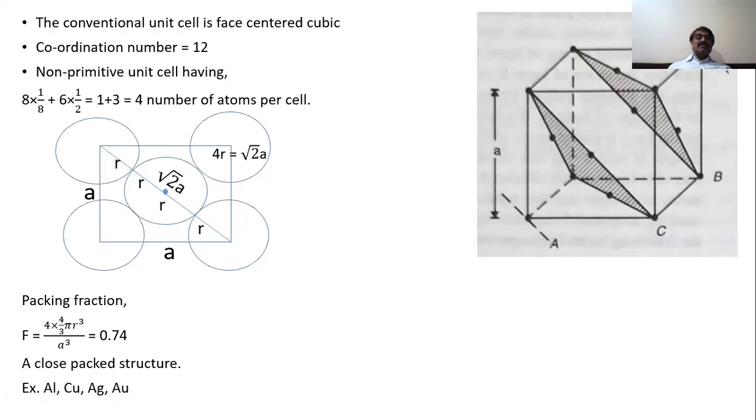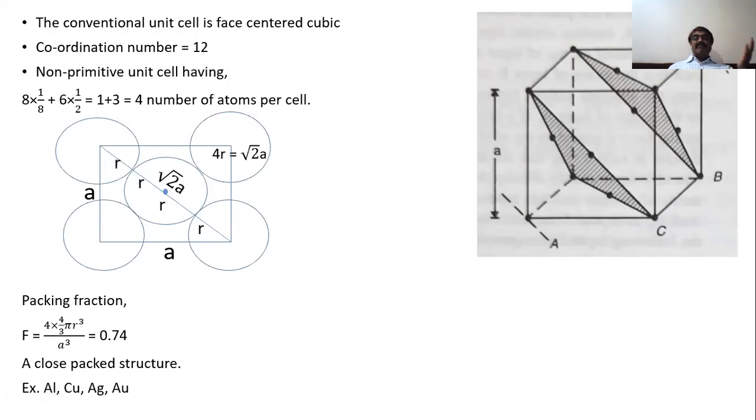An important point is that the hexagonal close packed structure has two layers, so the stacking sequence is AB, AB, AB, while in FCC there are three layers A, B, C, so the stacking sequence is ABC, ABC, ABC. The important characteristic is that c is equal to 1.633a.